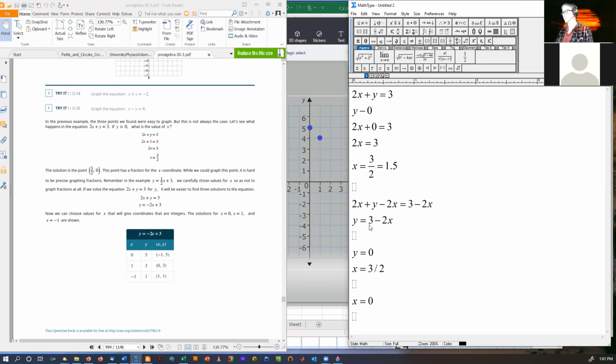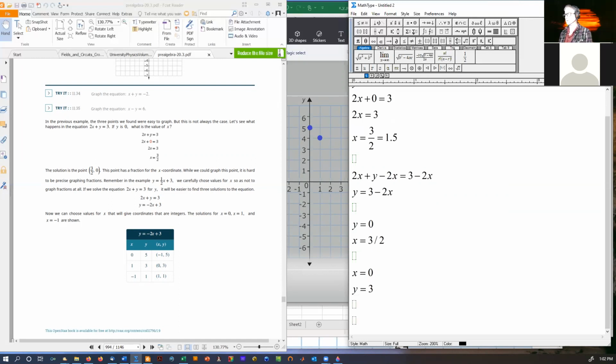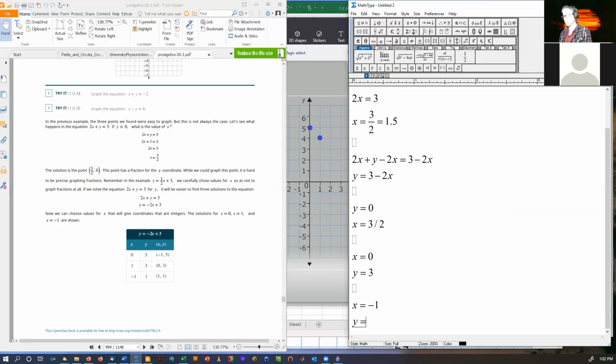We could substitute in here, and when x is equal to 0, y is equal to 3. And then we could try another point that they've done here. x is equal to -1. 2 times -1 is -2, so y is equal to 5. So when x equals -1, y is equal to 5.